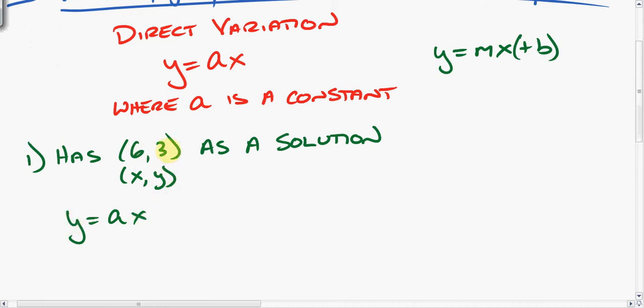So we can see y carries a value of 3, and x carries a value of 6, and the unknown is the a. So we're always going to want to find the constant first. You do that by substituting in the values from the ordered pair. So now I'm going to solve for a. I'm going to divide both sides by 6.